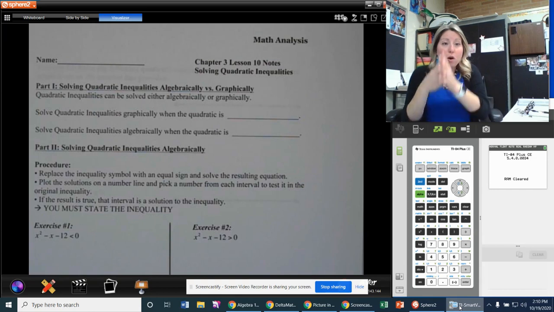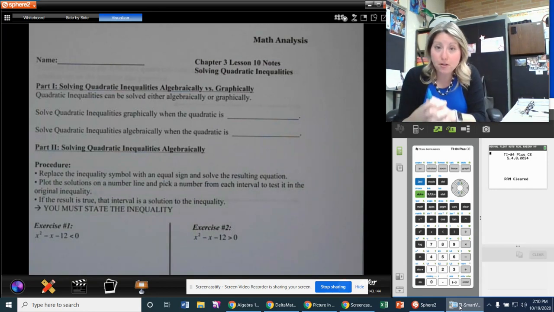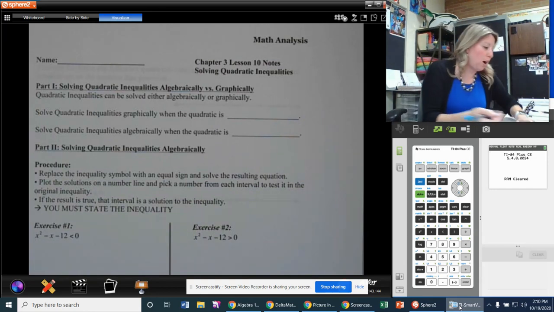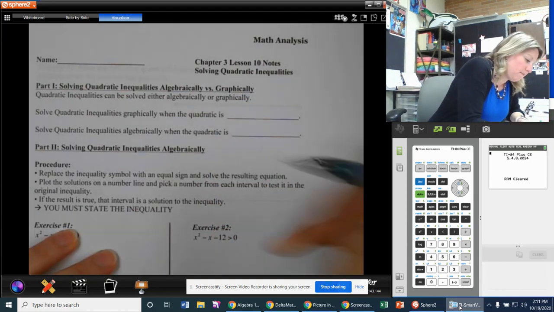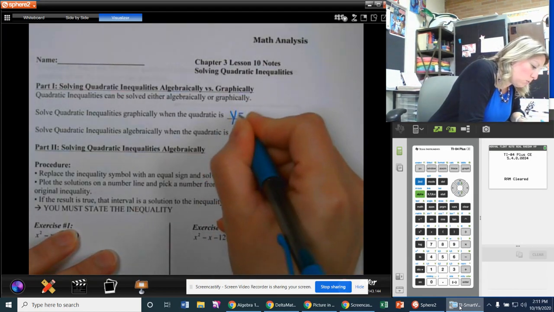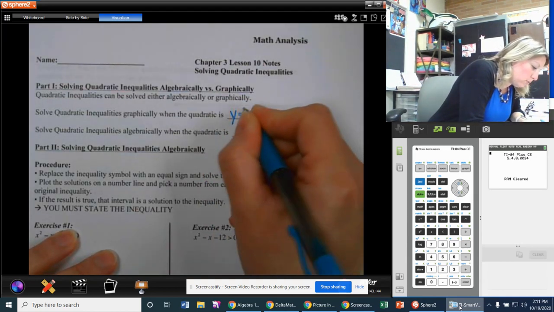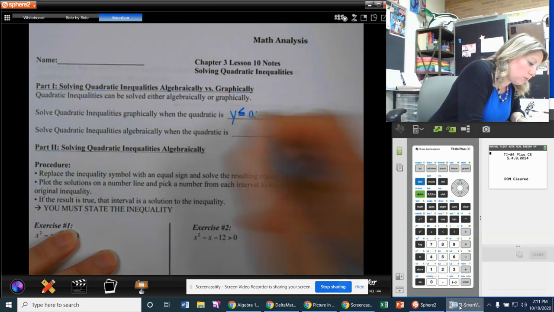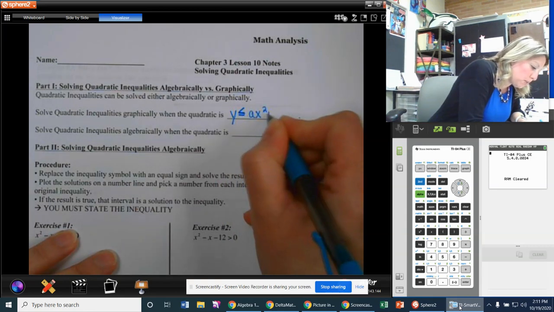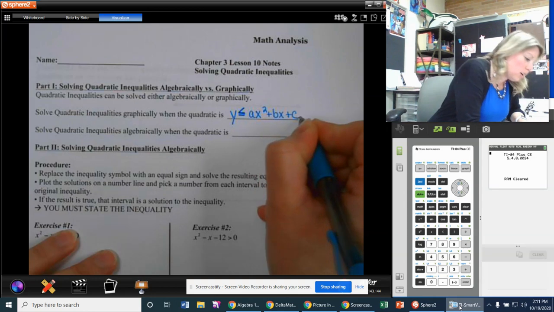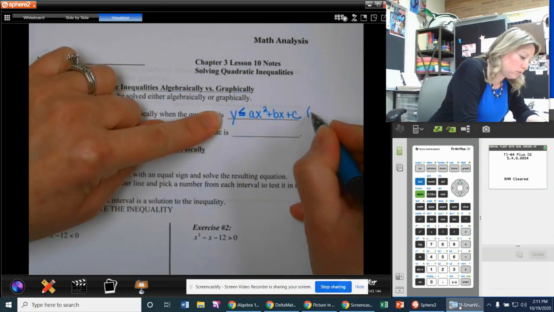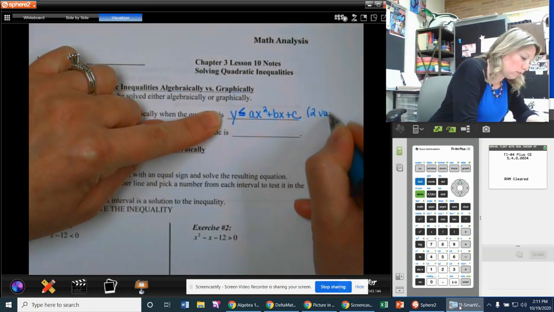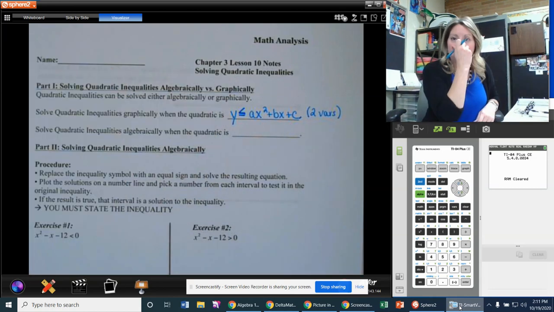We solve quadratic inequalities graphically when the quadratic is, ready? y is less than or equal to ax squared plus bx plus c. So there's two variables, x and y.